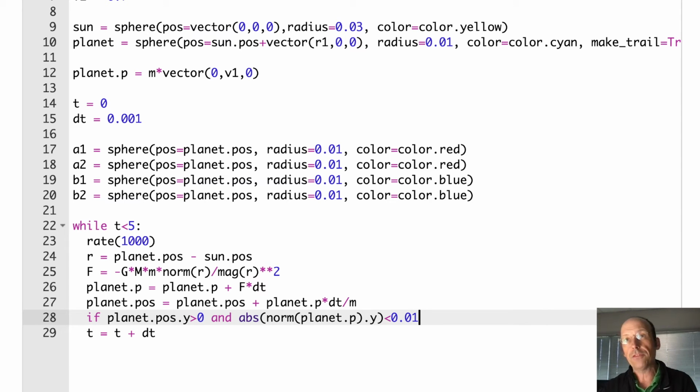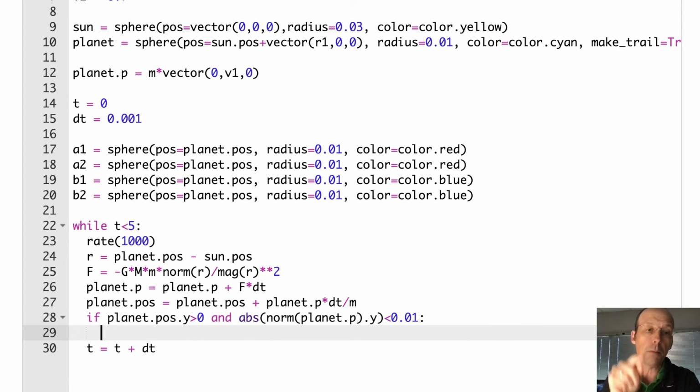You could play around with this if you want, but if you make it too small, then it's a numerical calculation that's jumping around. It could actually jump over that criteria and miss it altogether. But if it meets that criteria, then I'm going to move B1 to that location. So I'm going to say B1.pos equals planet.pos, because the planet's moving.